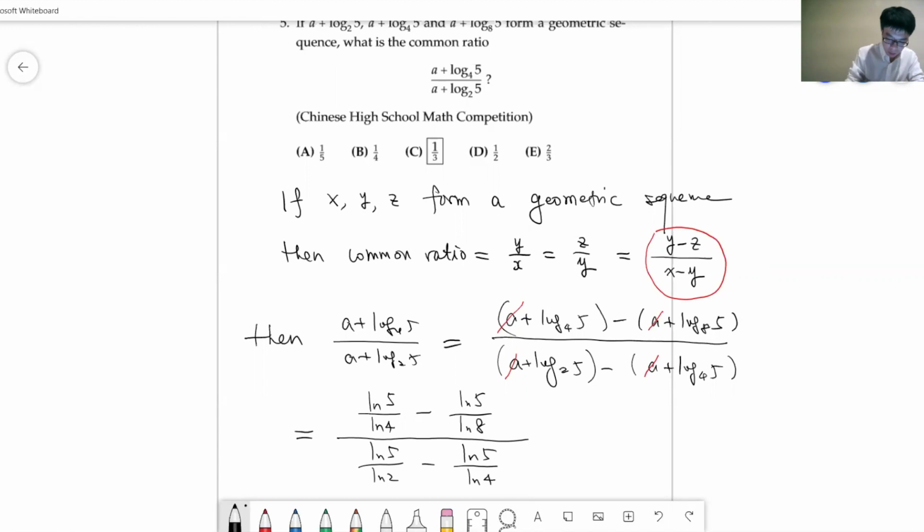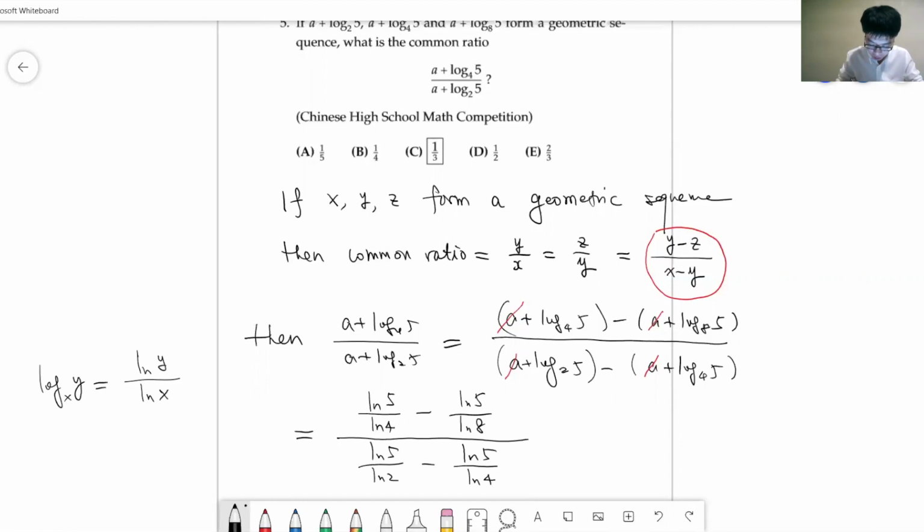Maybe let me mark here: in general, log base x of y can be changed to a common base, natural log y over natural log x. So that's why I do it here.